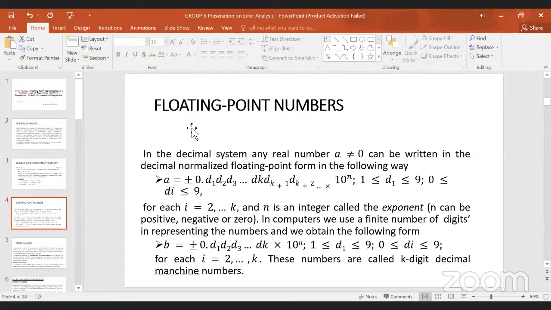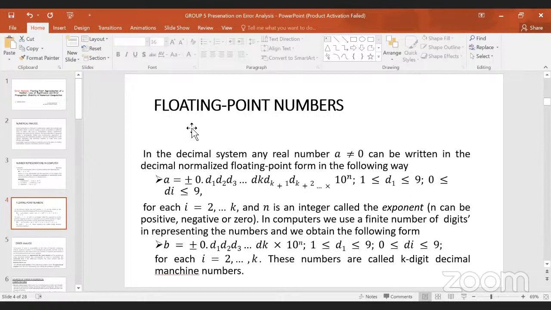Then we'll move to what is called floating point numbers. Floating point numbers refer to either positive or negative decimals. When we have these numbers, some have just one significant digit after the decimal point, while others have several significant digits after the decimal point.